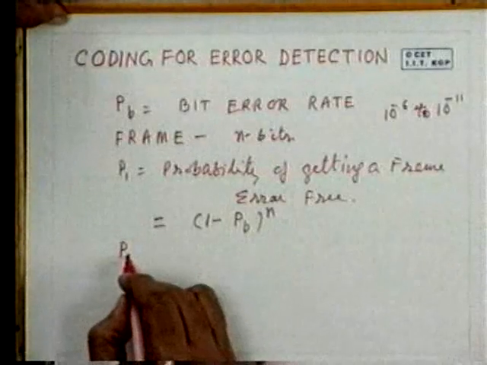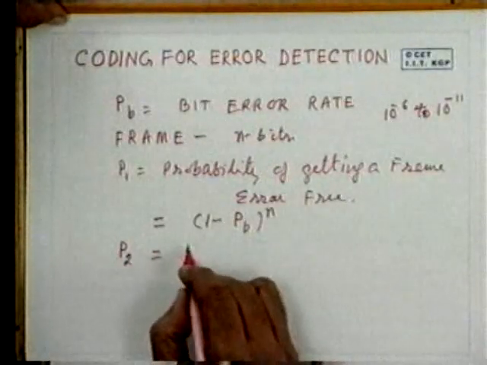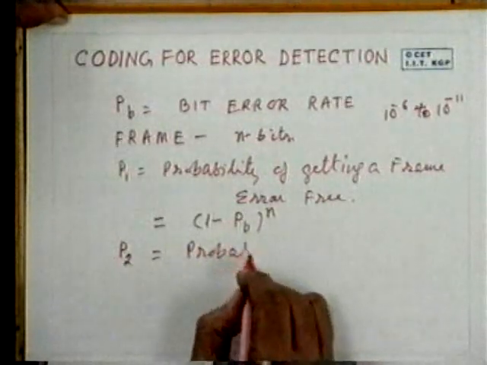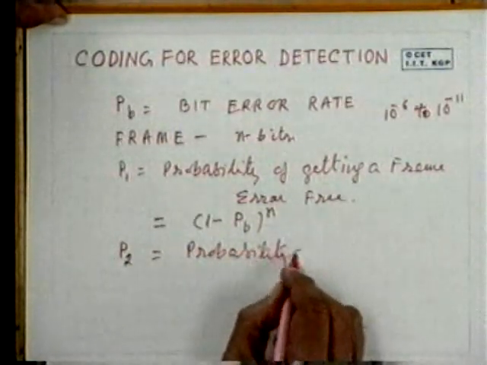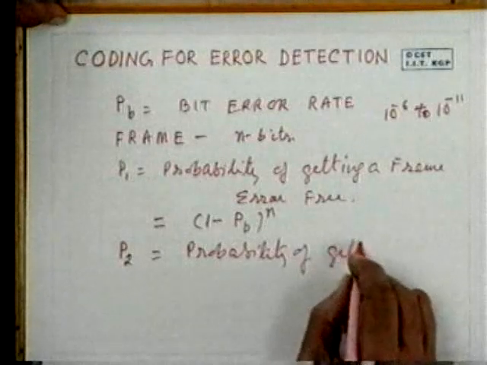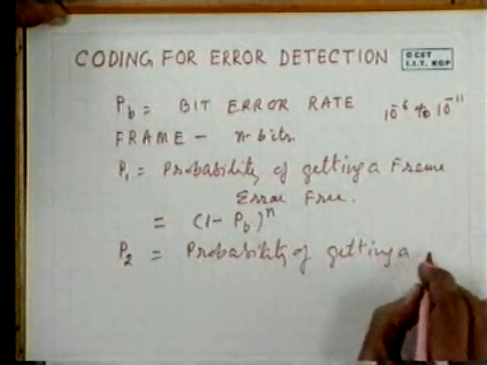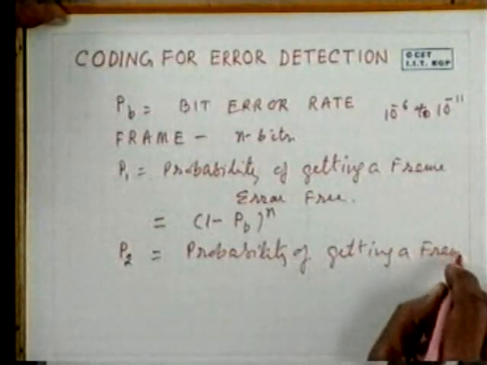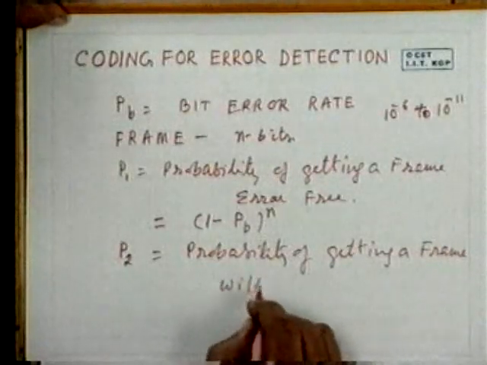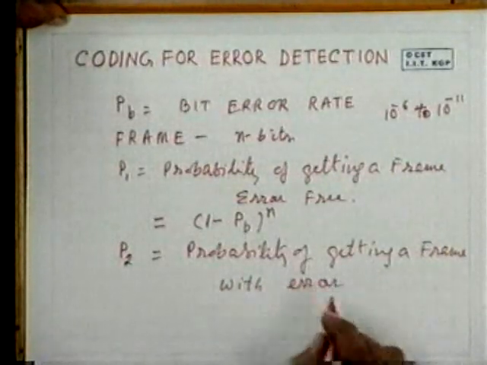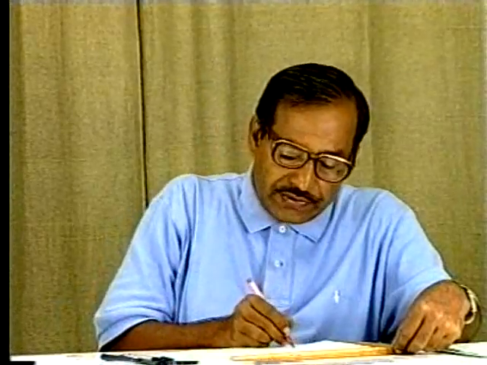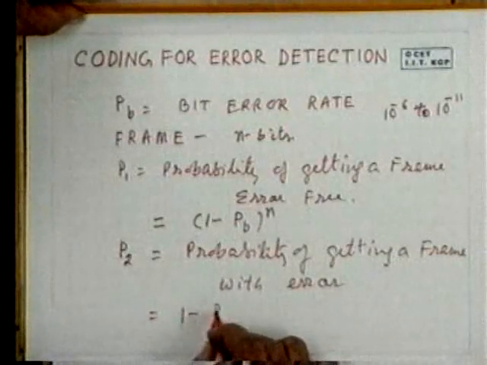And similarly, we can define PF as the probability of getting a frame with error. With error means either 1 bit or more than 1 bit has become corrupted. So this is equal to 1 minus P1.